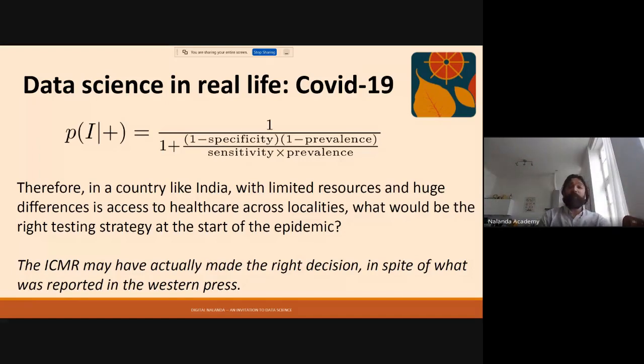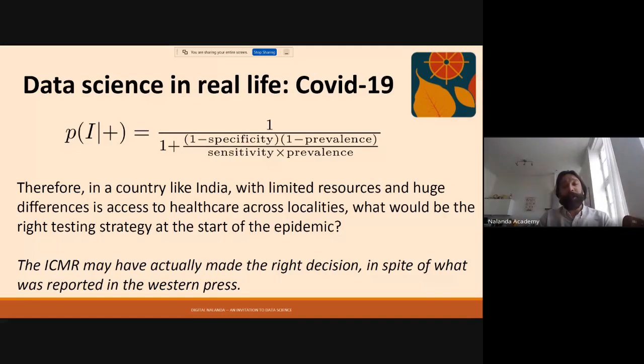If you need more than 4 tests to become more than 99.9% sure that somebody has COVID, of course, they don't go that high. They usually only care about 98%. Even then, you needed 3 tests, whereas you probably only needed like 2 in the middle of the pandemic. It's not very useful, right? So mass testing at the beginning of the pandemic is not necessarily a good idea unless you're going into targeted localities where there are lots of cases.